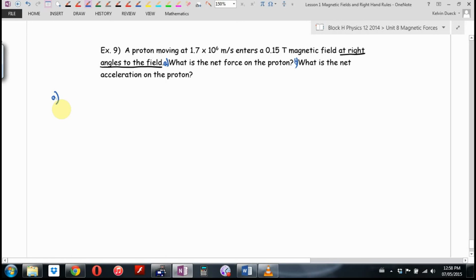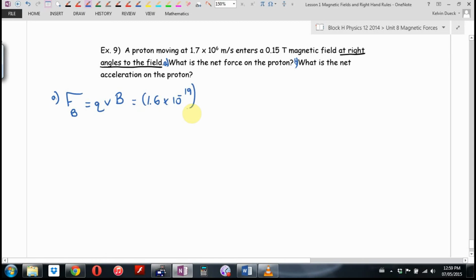What's causing the force here? A magnetic field is exerting the force. And the force on a moving particle is QVB. Q, it's a proton. Oh, we've heard that dance before. 1.6 times 10 to the negative 19, I think, yes?